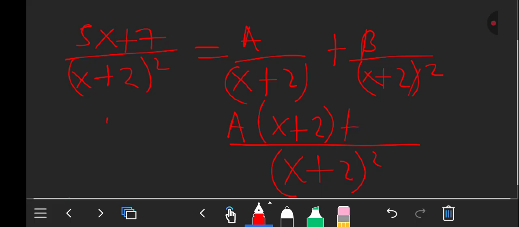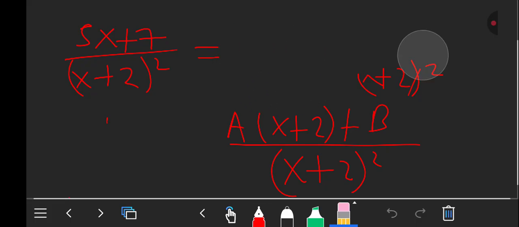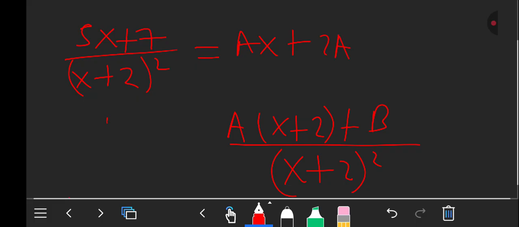Then plus this will be 1 times b, so just b. So what I'll have is a multiplied by x, it will be ax, plus 2 multiplied by a, it will be 2a, then plus b over x plus 2 squared.